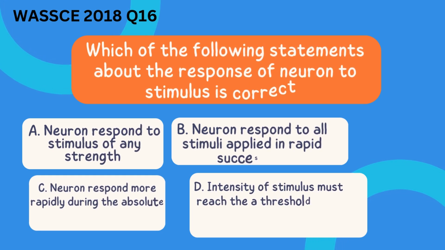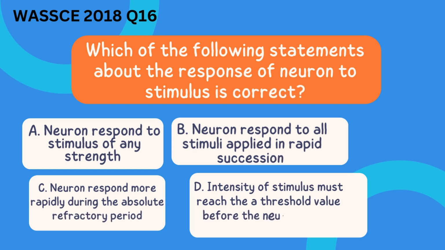The next question is from WAEC 2018, question 16. Which of the following statements about the response of neuron to stimulus is correct? A. Neurons respond to stimulus of any strength. B. Neurons respond to all stimuli applied in rapid succession.